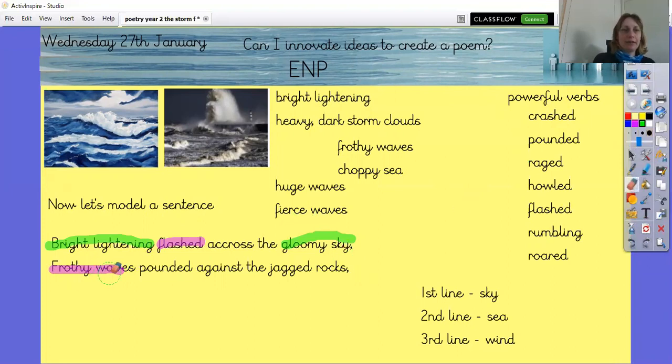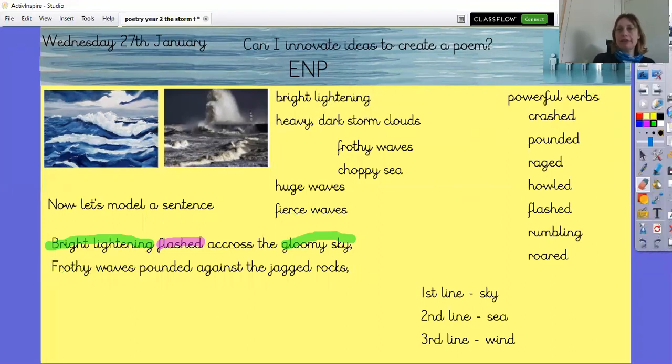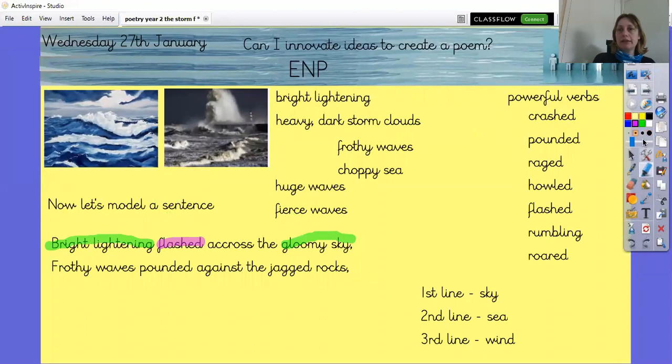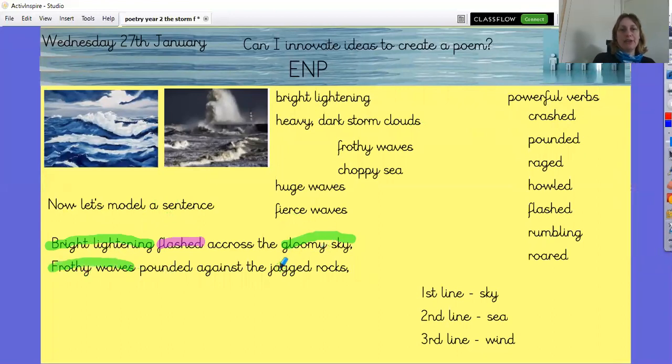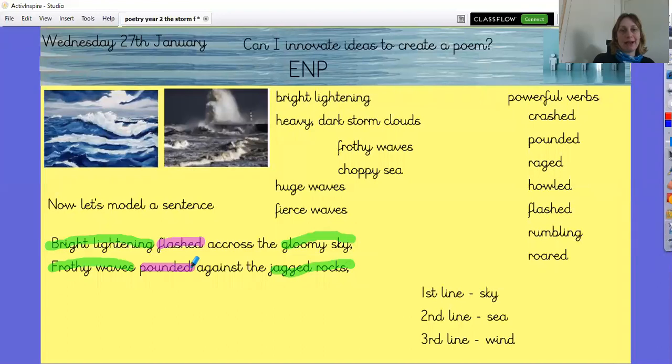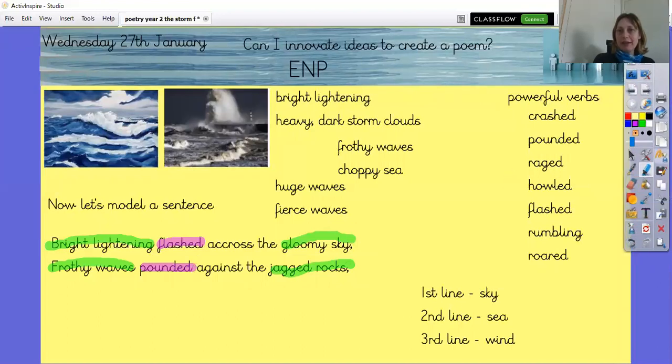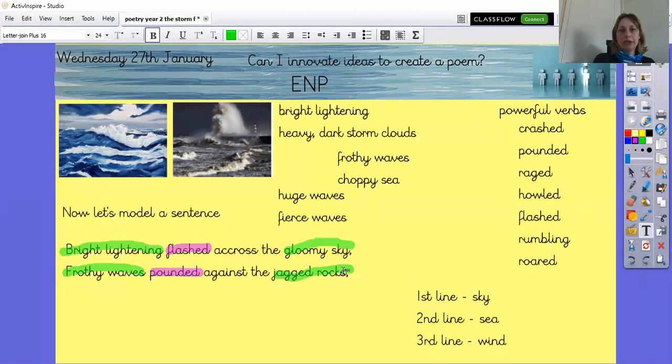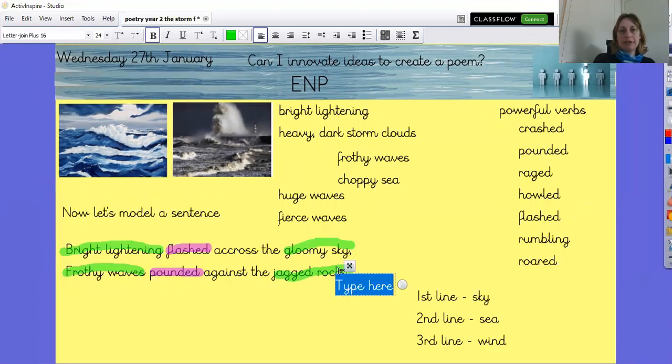Let's rub that bit out and make sure we're right. So we've got frothy waves and then jagged rocks. And then let's find the purple pen to show you the verb. And here we've got pounded. Okay, now let's move on to the next verse.